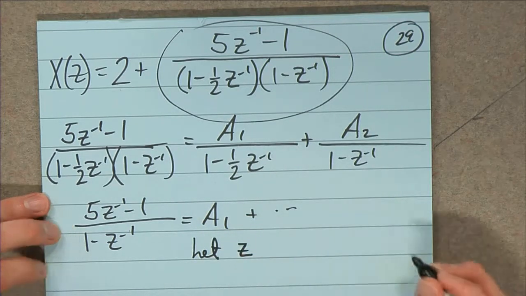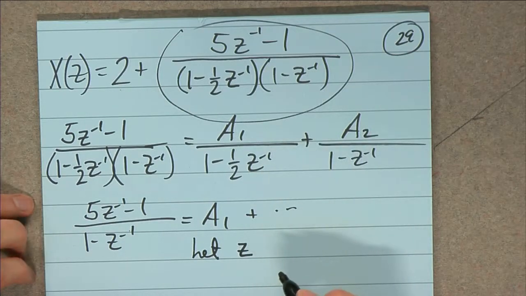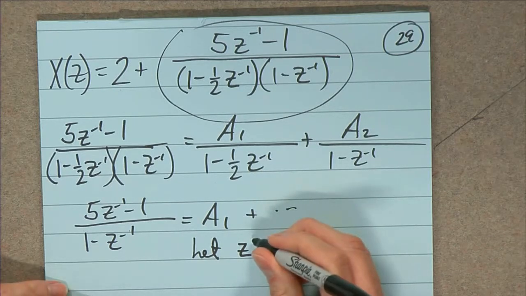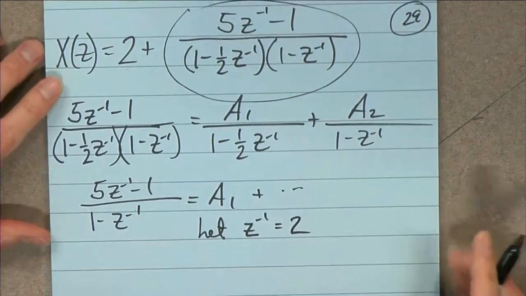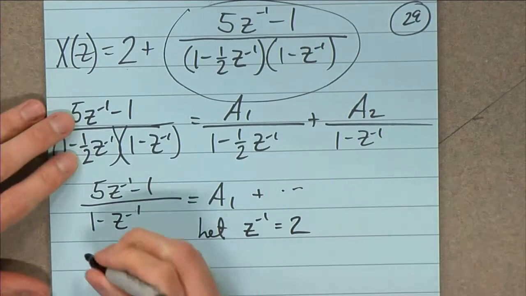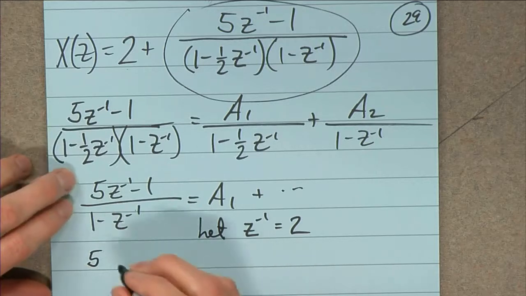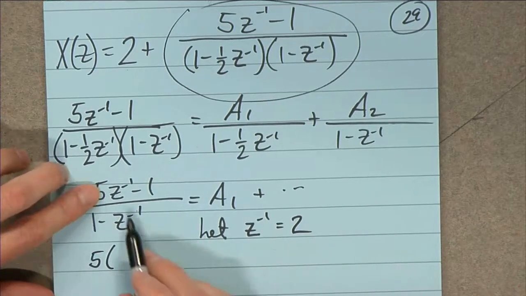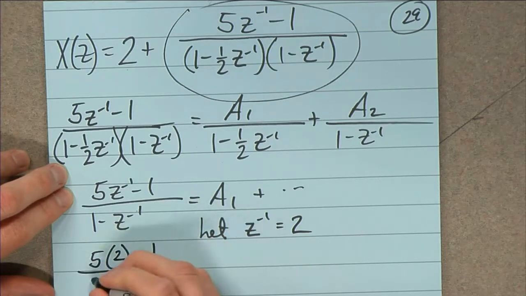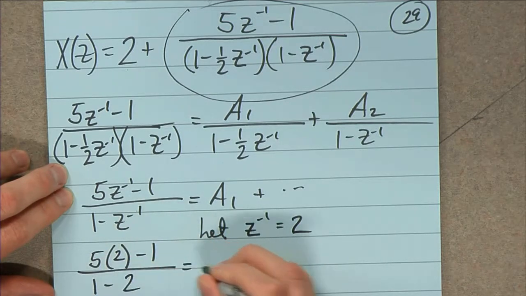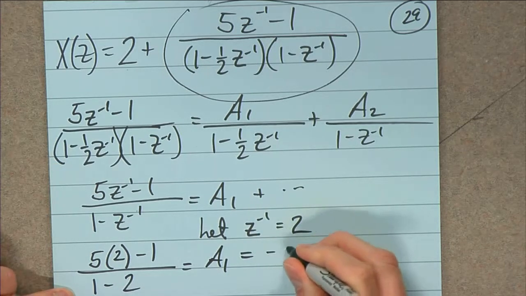And I can always let z inverse be what? Since I multiplied it times that, I want z inverse to be 2. So let's let z inverse equal 2. Now my don't-care term disappears, and we end up with z inverse being 2: 5 times 2 minus 1 for the numerator, over 1 minus 2, which is 9 over negative 1.